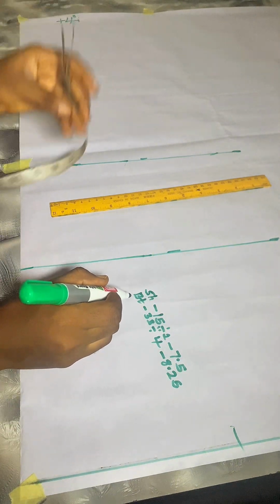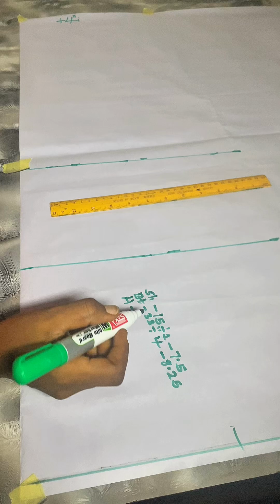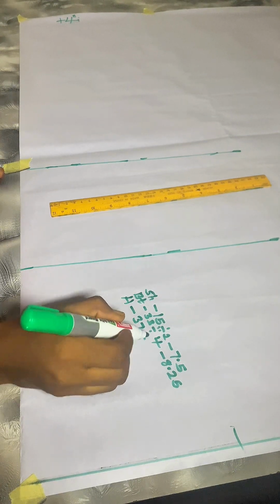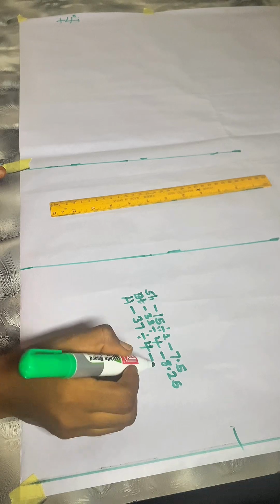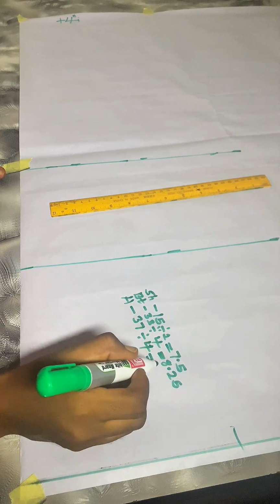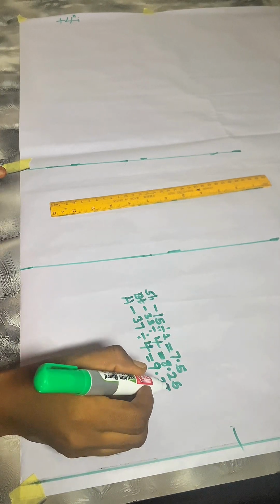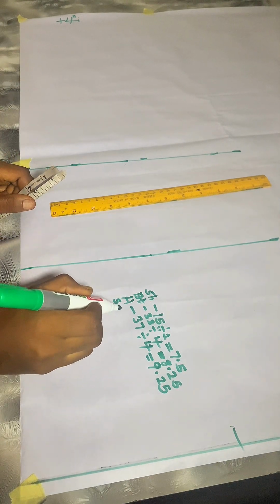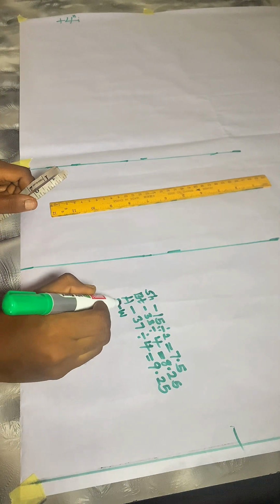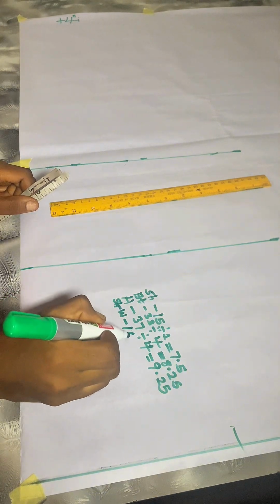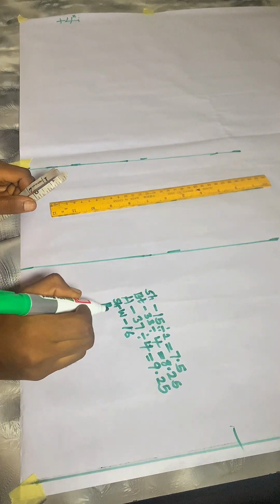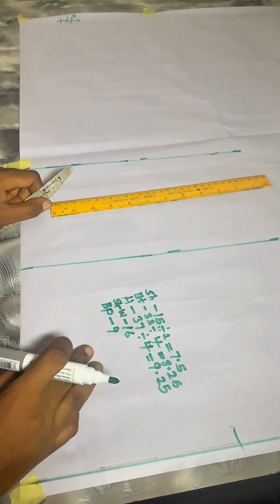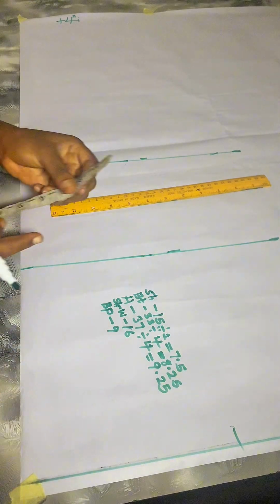And our hip is 37, divided by 4, that's 9.25. Shoulder to waist is 16. Our bust point is 9. So these are the measurements we are working with.